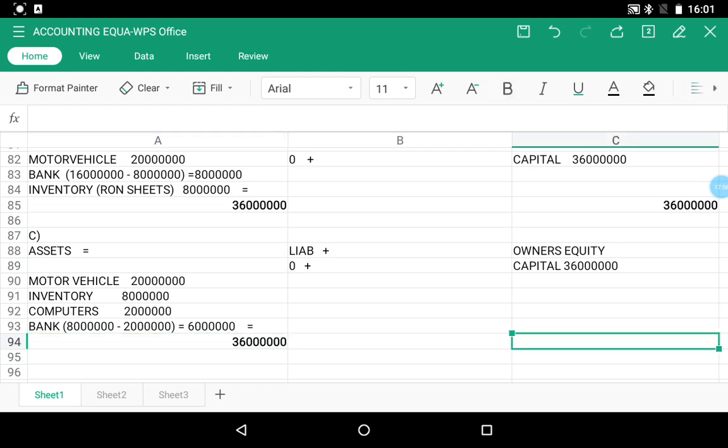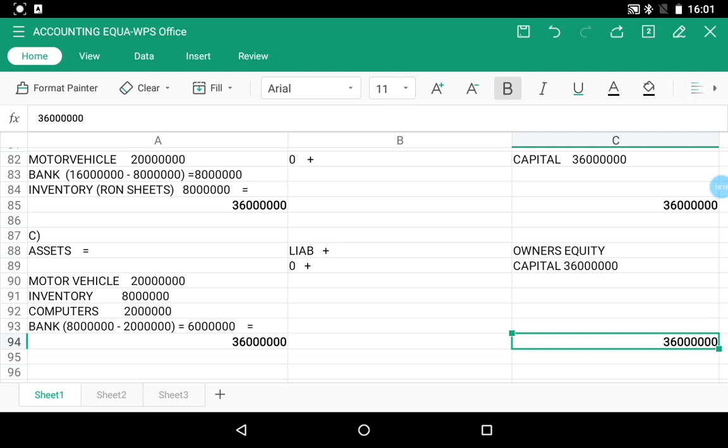And also here, when you get liabilities, which is 0, plus owner's equity, which is 36 million, you get 36 million. So that is our transaction for part C.